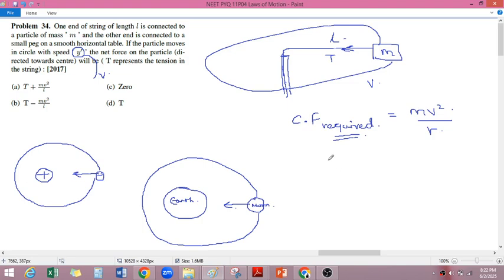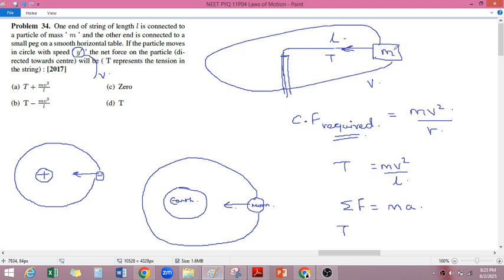So tension is equal to mv squared by L. The net force acting on the particle: again I can use the same concept, sigma F is equal to ma. Tension is acting this way, and there is no other force to my knowledge.